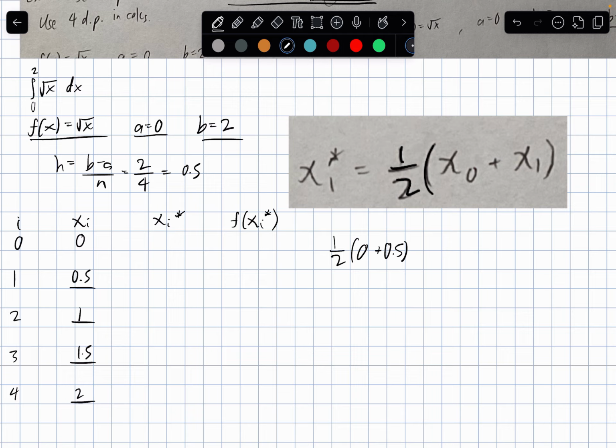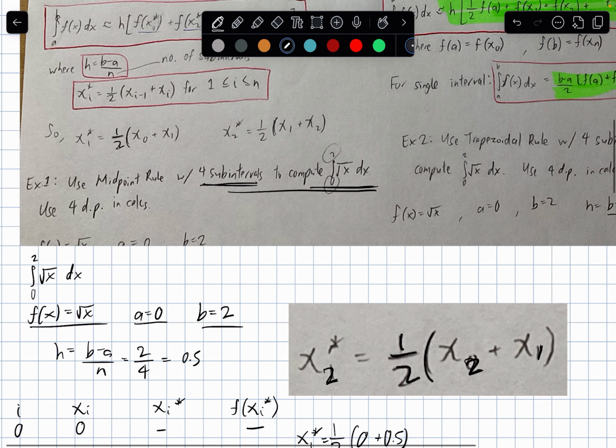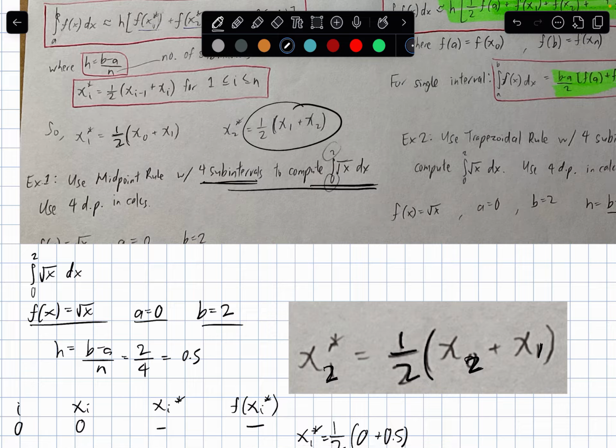Here there is nothing, just put a dash there. This one is 0.25. Again, this is x sub 1 asterisk. And then, next for x sub 2 asterisk, this is x sub 2, and then this is x sub 1. I hope you can follow the logic.